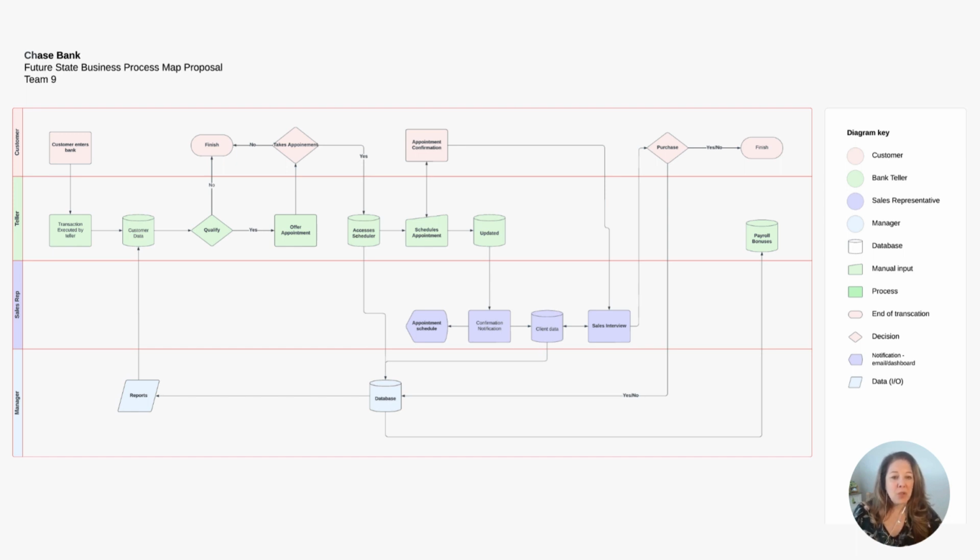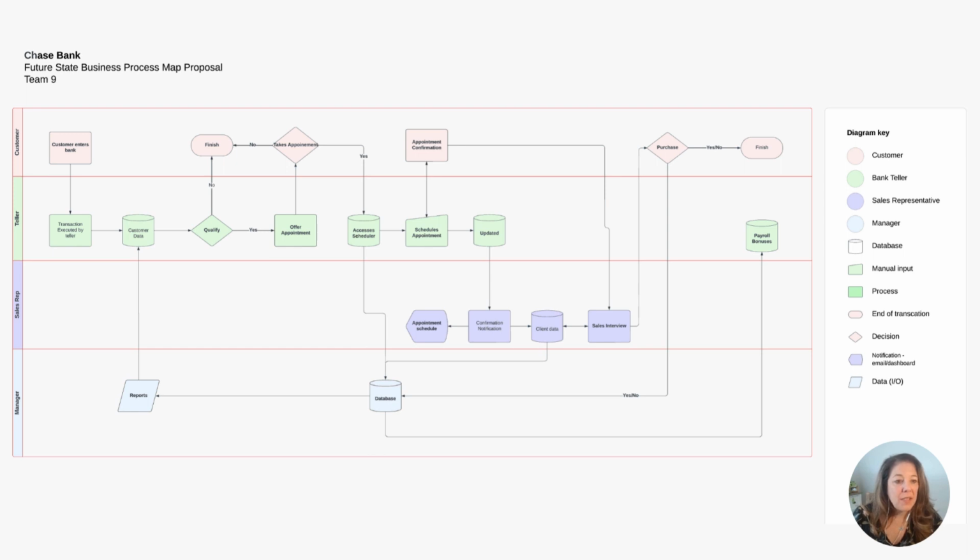It shows you, when you go through this whole process, how it involves the sales rep, who also has access to the database, which is depicted in these objects right here.